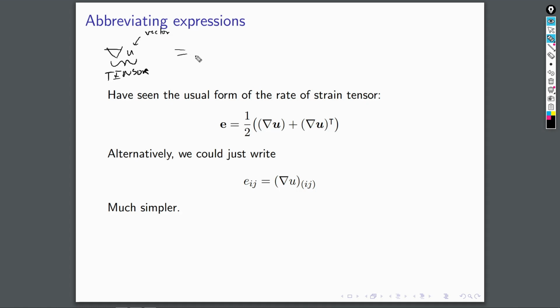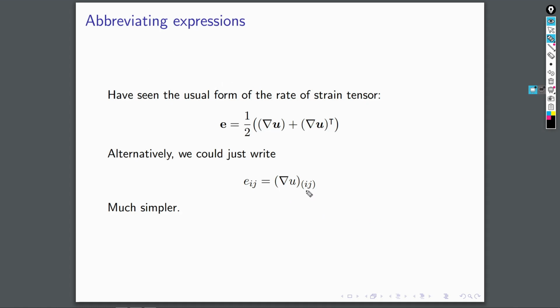We were able to decompose that into a symmetric part and an anti-symmetric part, which I'm not sure if the symbol is all that agreed upon, but I'll use omega. This one was 1/2 (del u plus del u transpose), and the other was the same but with a minus sign. But that's a lot of writing.